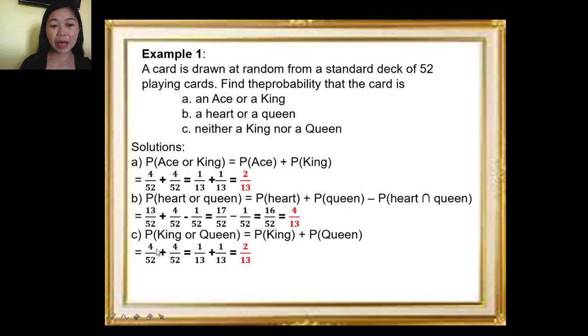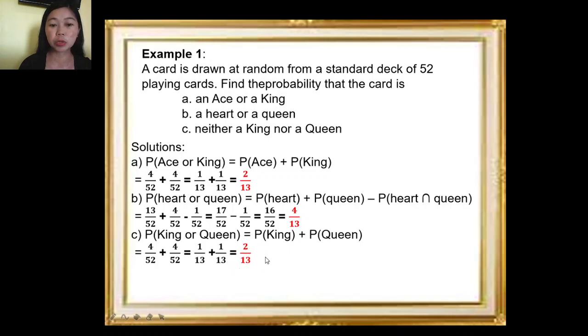Adding these two, we have 8. O kaya lowest term ulit natin yung 4 over 52 as 1 over 13. Then 4 over 52 again as 1 over 13, which is equal to 2 over 13. Okay lang naman din na i-add natin yung 4 and 4 since the denominator 52 is the same. Pero kung mag-add tayo ng 4 and 4, 8 over 52, ilo-lowest term pa rin naman natin siya.